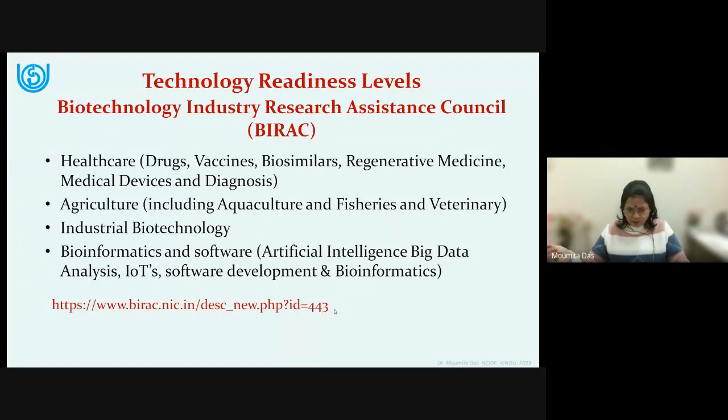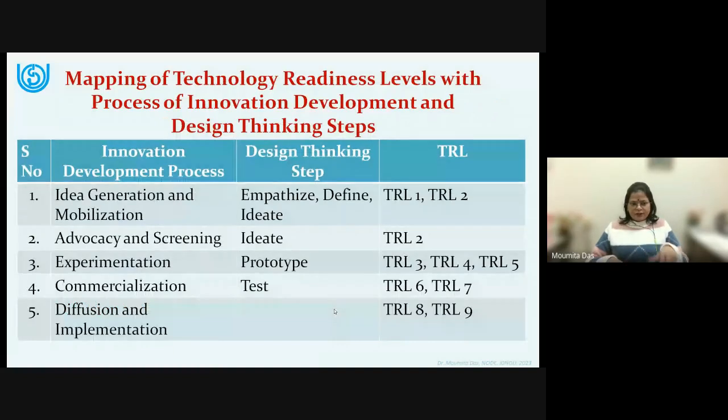Coming back to that small exercise that we were doing, which is mapping, so that you know the interrelationship between all the concepts. In the first column, innovation development process, then the second, design thinking step, you have gone through these two. Now I've tried to map the TRLs, technology readiness levels, with these steps.